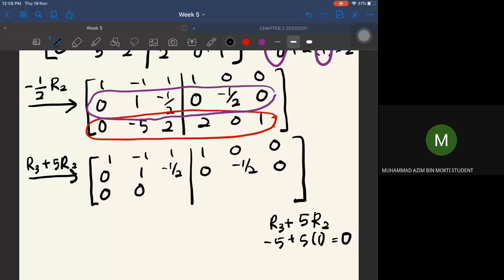So what will be your answer? You akan dapat negatif 1 per 2. Kalau salah, beritahu. Dua negatif 5 per 2, 1.